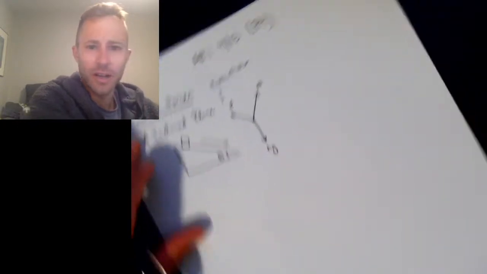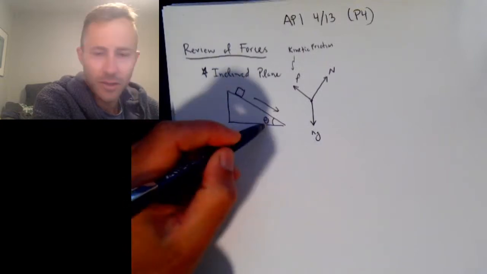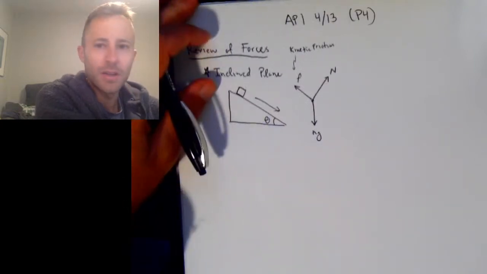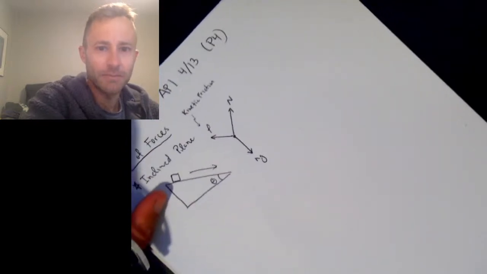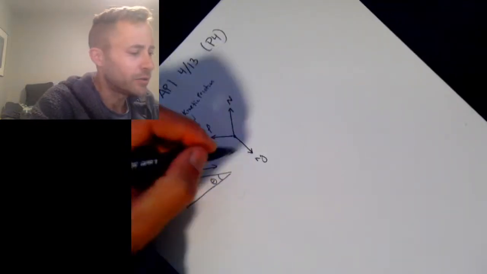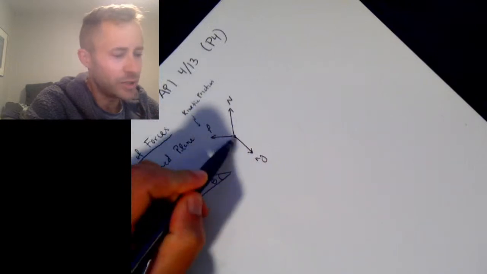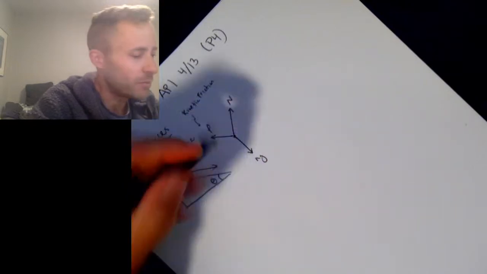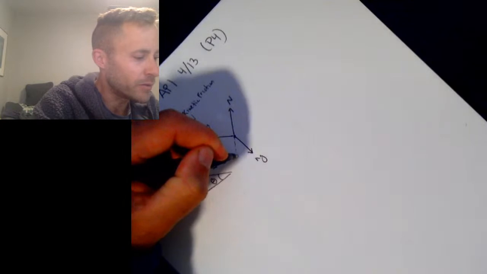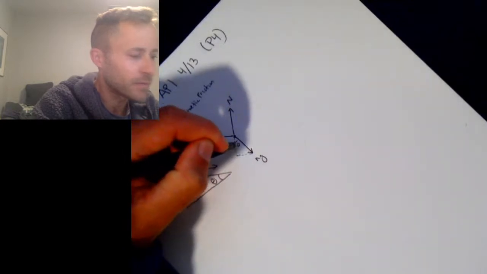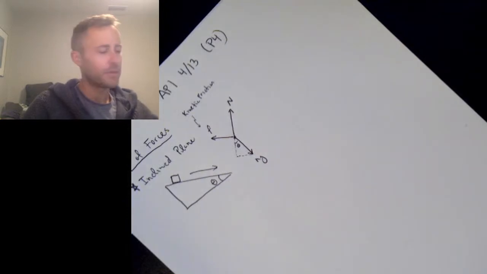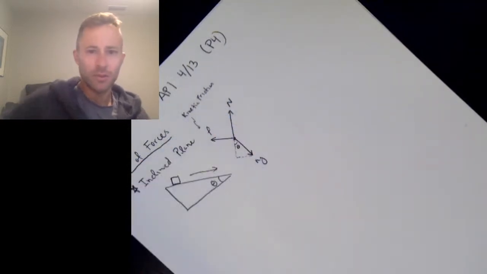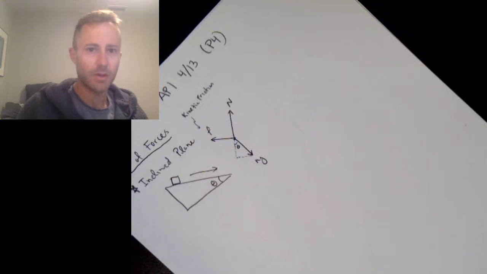Now, how much did I have to rotate the piece of paper? Well, because this angle is theta, I had to rotate the piece of paper by that same angle, okay? So what that means is that mg got rotated by theta degrees, okay? So notice how when I rotate the piece of paper, the weight force is the diagonal force, okay?